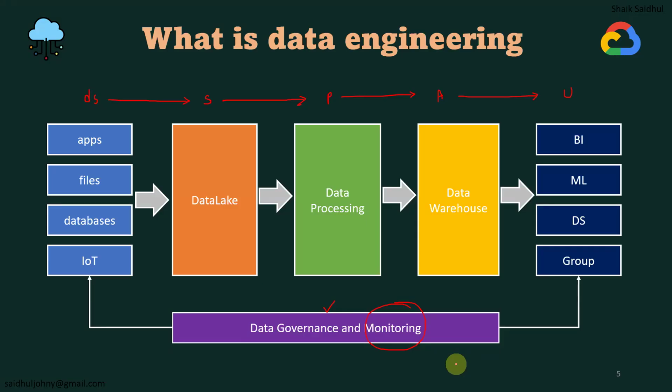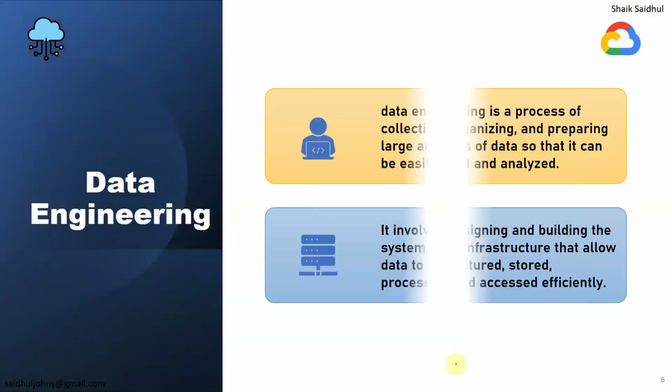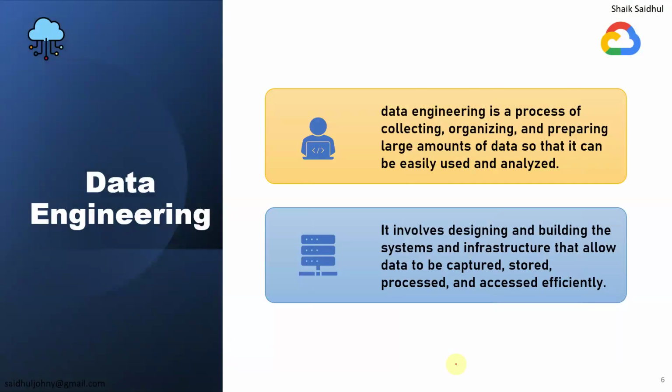So governance and monitoring is one of the important aspects for companies, and we are going to learn about those things also. All right, so this is the entire thing about data engineering, everyone. And if you want to see the actual definition of data engineering in a descriptive way, you can see it here.